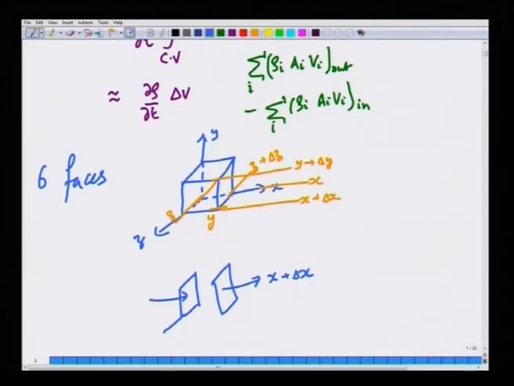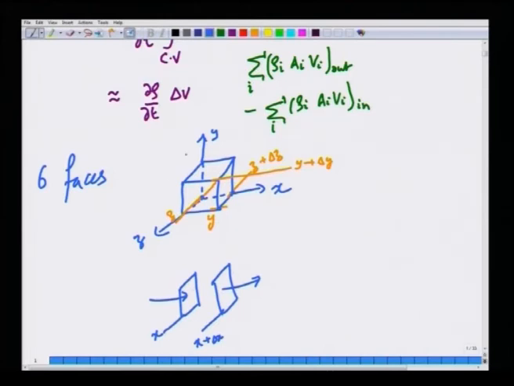That is, fluid is entering the face at x, and fluid is leaving the face at x plus delta x. So, we made a small mistake here. The face at x, so this is the coordinate x, the face at x is here, the face at x plus delta x is here. So, that is what I have drawn here.